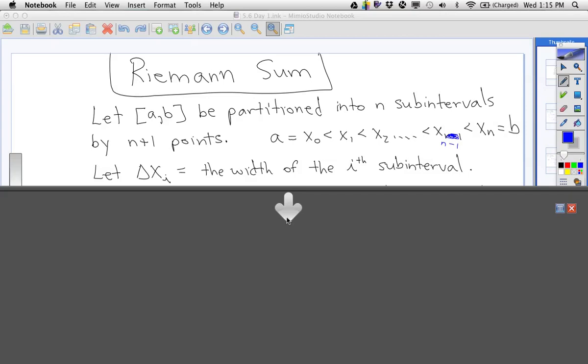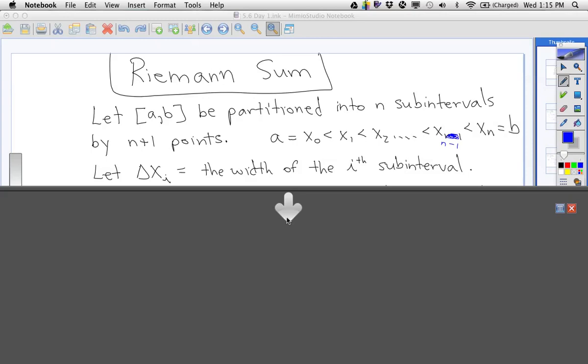We didn't have this sub i, because on those examples we just did, our widths were all the same. The delta x was 1. Every subinterval had a width of 1. And 90% of the time, maybe 95% of the time, we will divide our interval into equal subintervals. But they wouldn't have to be. We wouldn't have to have every subinterval be the same. They can all be different.